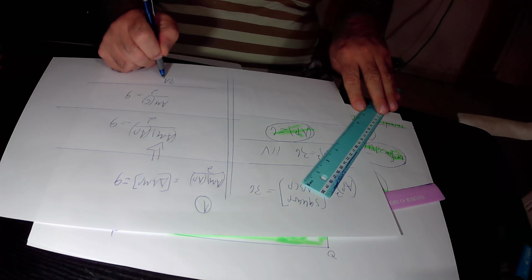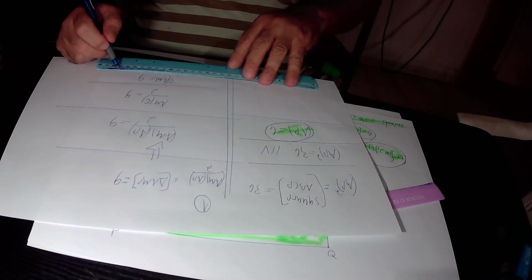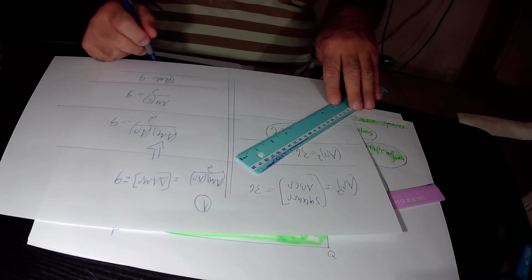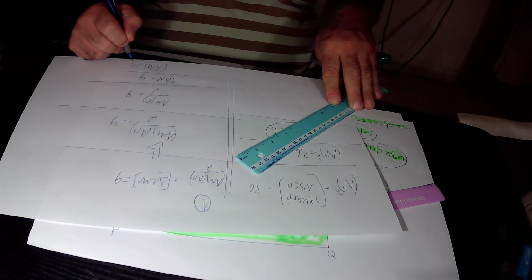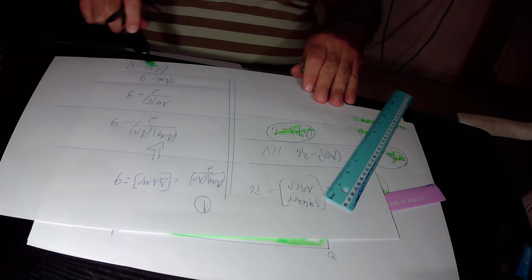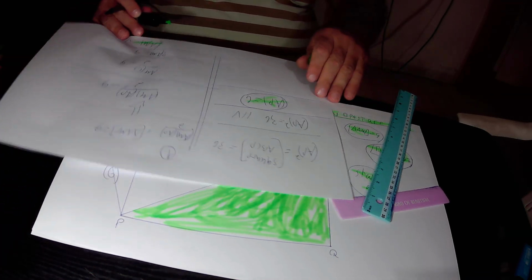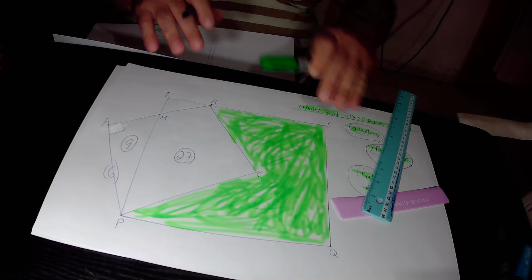So 3 AM equals 9. Here we divide the equation by 3, and finally get that AM equals 9 over 3, that is 3 units in its length. This is side AM, which equals 3 units in its length.